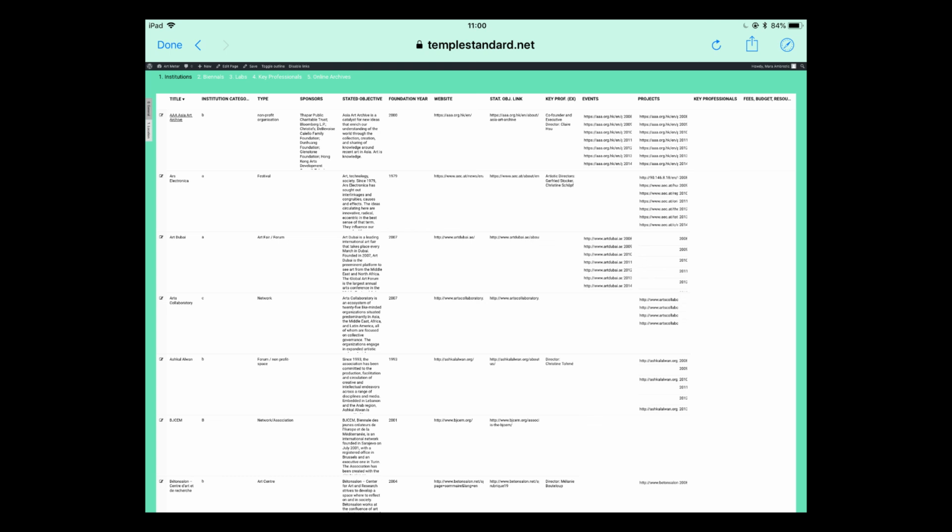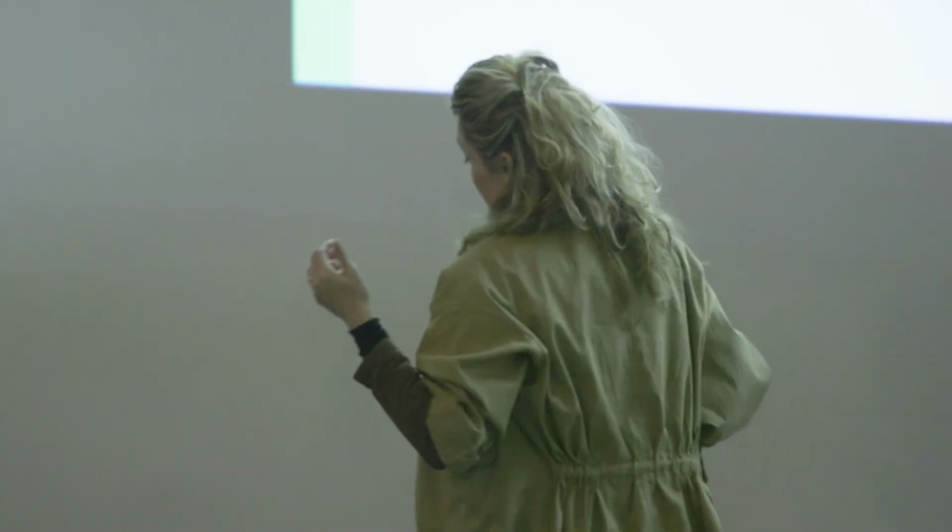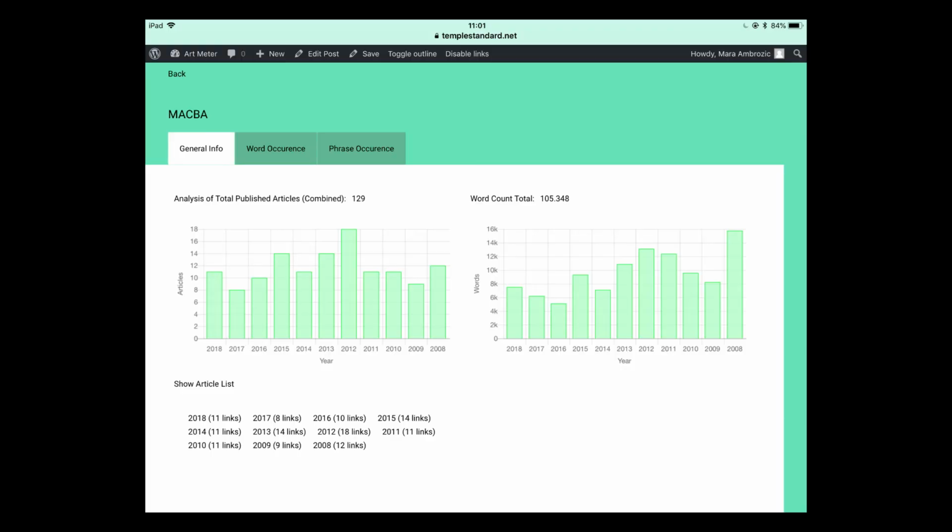This is an algorithm that has been implemented through a dataset. We've been looking at things happening from 2008, in order to frame 10 years of development. It counts words, it can count certain parameters. It's a sort of software that people would use.